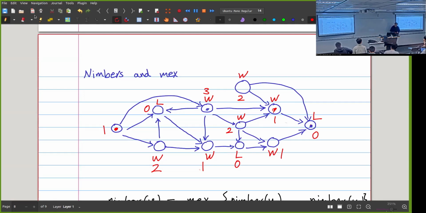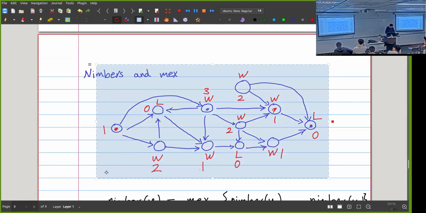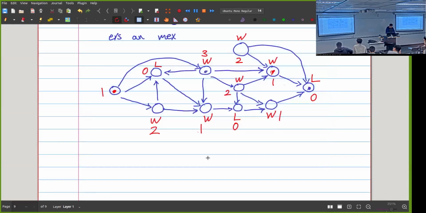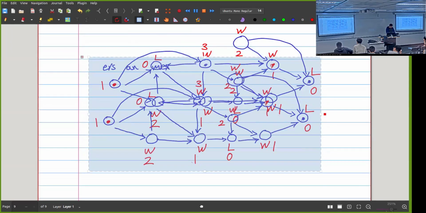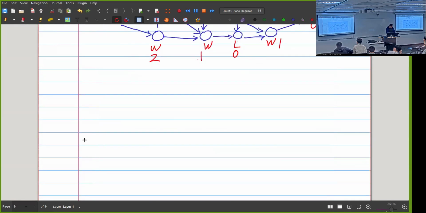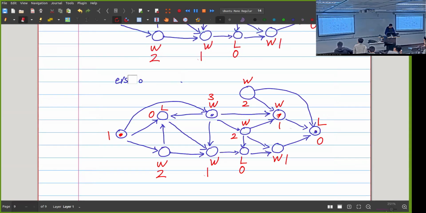But the interesting point is what happens when I have 2 copies of the game, or several copies of the game. So let's say I have this game and I take 2 copies of it. So I have this one, and then I have this one. Remember what I said about Nim.